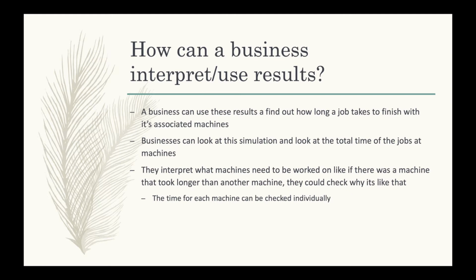Another thing a business could do is look at the entire simulation and get a total time from that and maybe use it for giving a customer an estimated time of finishing whatever project the company has been given. Additionally, the company can look at the individual machines and see if there is a problem with one of the machines, if it's taking a little bit longer than it normally does, or something like that.